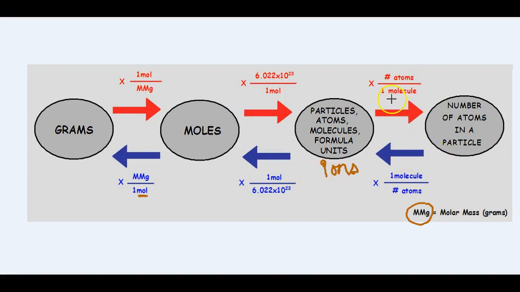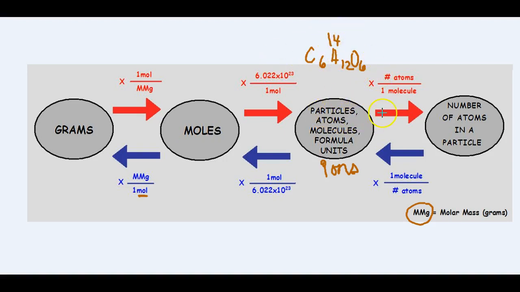There is a second conversion we can do, and that's if we have some particle and that particle has atoms inside of it. For example, let's do C6H12O6. All right, let's say I knew how many of those I had. Let's say I have 14 of those, and I want to know how many hydrogens there are in 14 of those.